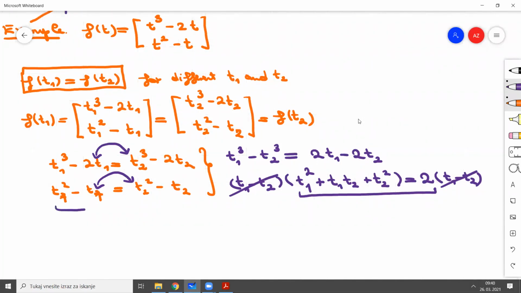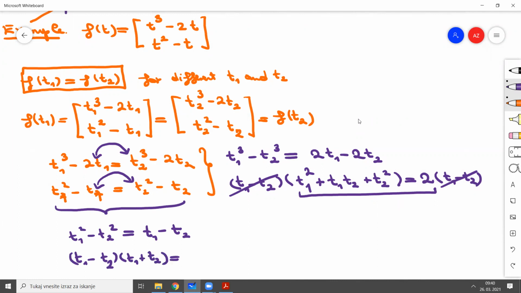And I repeat this procedure for the second one. And I get t1 squared minus t2 squared is equal to t1 minus t2. Here I have a difference of squares, so it's t1 minus t2 times t1 plus t2 is equal to t1 minus t2.